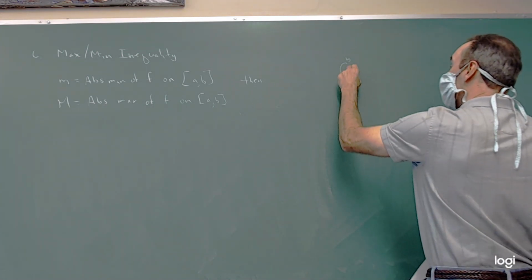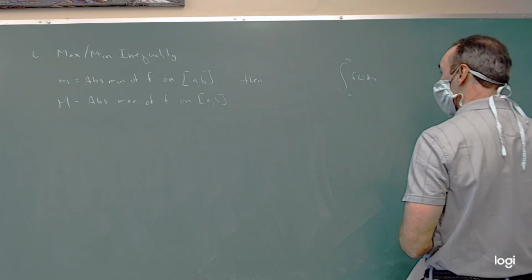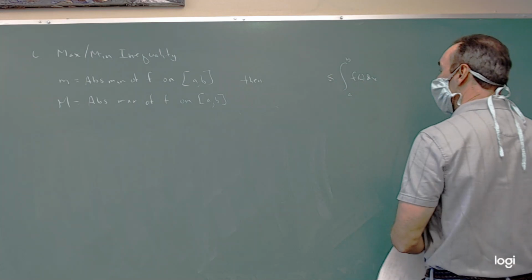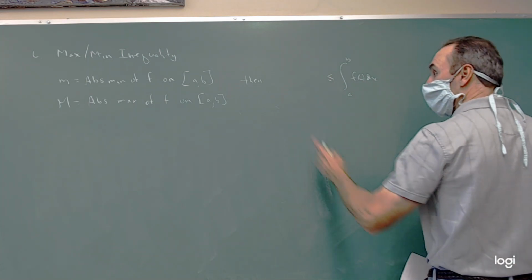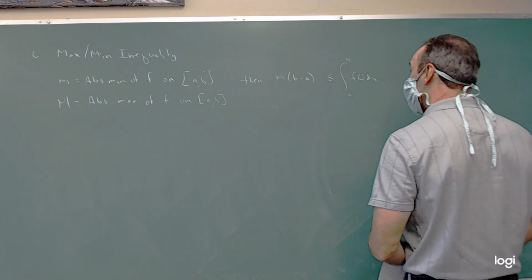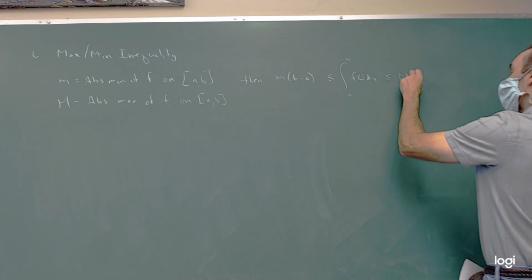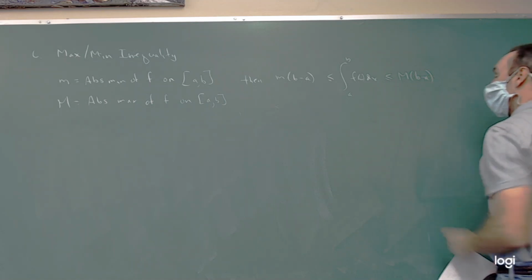The integral from a to b of f of x dx is going to be bigger than or equal to the smallest value times b minus a, and less than or equal to the biggest value times b minus a.